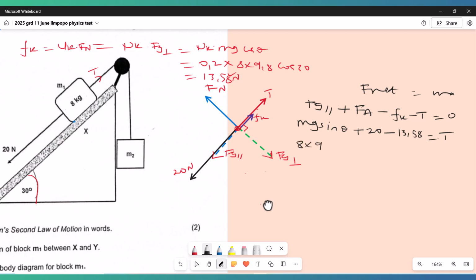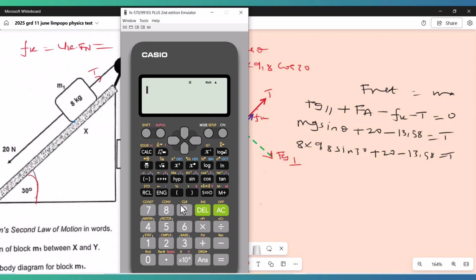Gravity 9,8, then sine 30, then plus 20, minus 13,58, to give us our tension T. On the calculator: open bracket, 8 times 9,8 sine 30, which gives me this answer, and then plus 20, then minus 13,58.